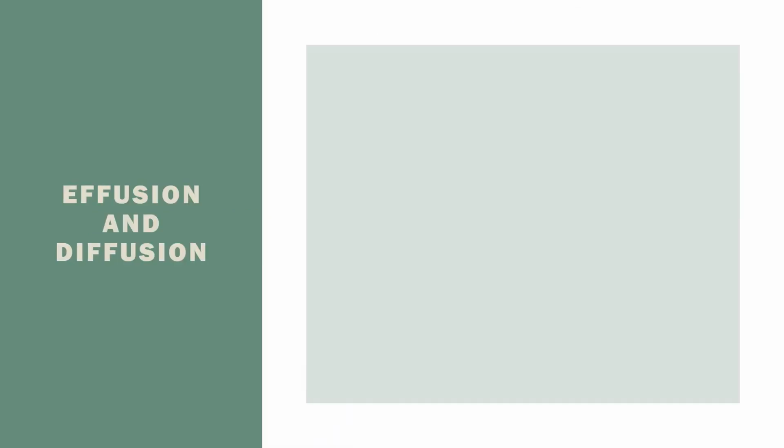Let's talk for a little bit about effusion and diffusion. So diffusion is probably the one that you've heard before. Diffusion is when something spreads from an area of high concentration to an area of lower concentration. And in terms of gases, it's going to be describing how a gas fills up its container.